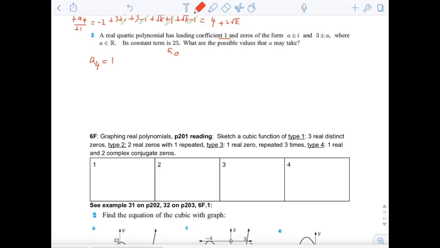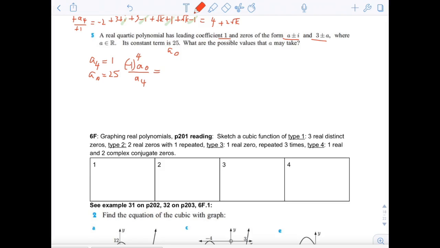And we know that a subscript 0 equals 25. And we know the zeros are of this form here. So let's go back and say, we know that if you multiply (-1) to the 4th, a subscript 0 divided by a subscript 4, that is going to equal all the roots multiplied together.